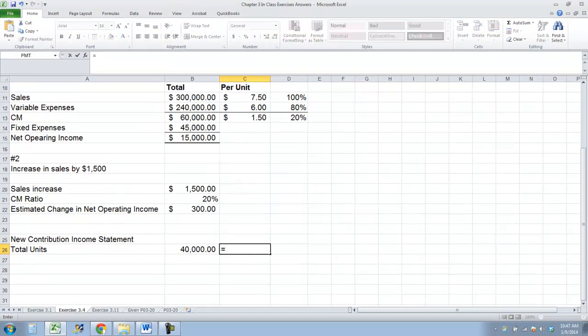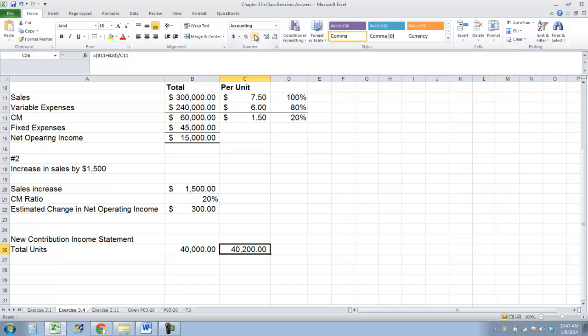And in order to figure out how many units I had, I'm going to take the original sales, add the increase in sales and divide by our per unit price. We actually sold an extra 200 units.